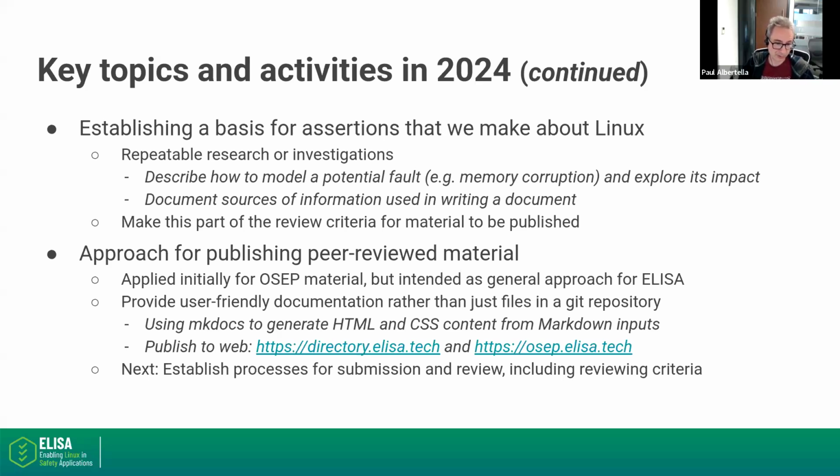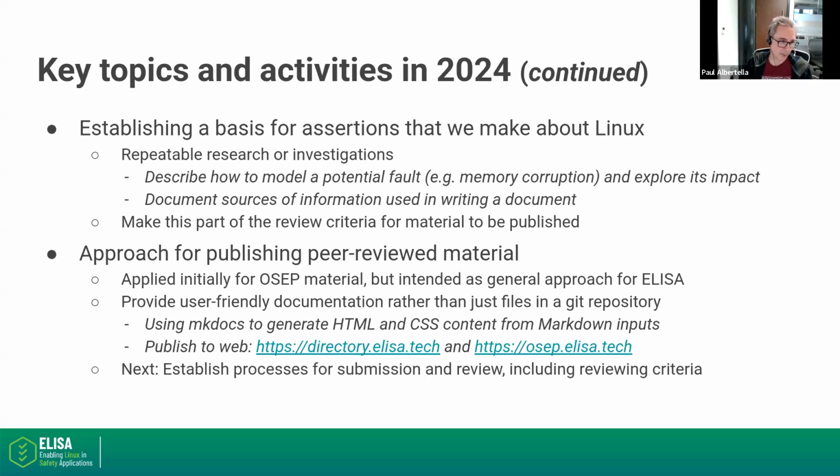Although that's useful and a really good way to get people wrestling with it at a technical level, it's also as simple as this: if we're writing a document explaining how some aspect of the kernel works, then we want to document the sources of information we used in writing it. Point to where there are kernel docs about this, and point to the code itself to say where you can see this aspect of the design of Linux, where it is implemented, and understand it, so that if that changes in the future, you can go back and check that what we wrote about it is still true.